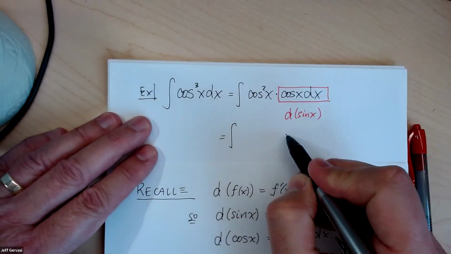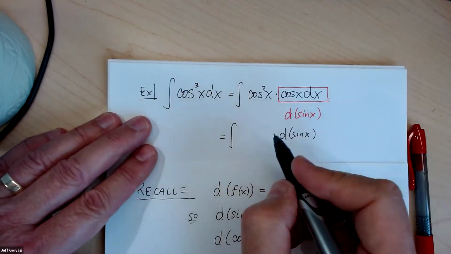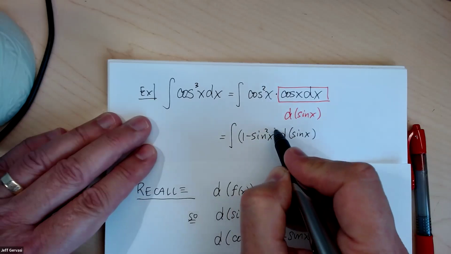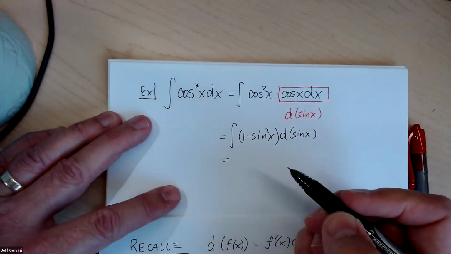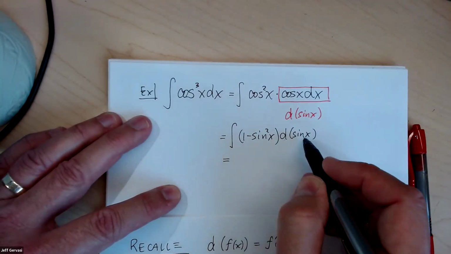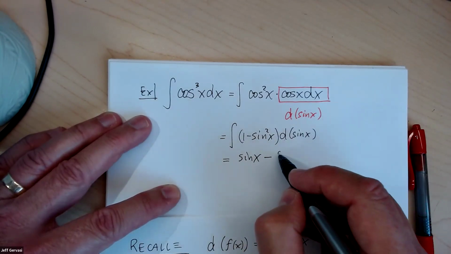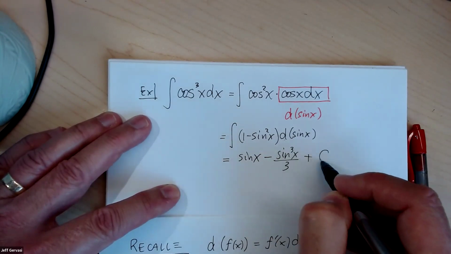So now we're going to integrate with respect to the sine function. Rewrite the cosine squared as 1 minus the sine squared, and then read them off term by term. 1 d sine is the sine, minus sine squared d sine is sine to the third over 3 plus c.